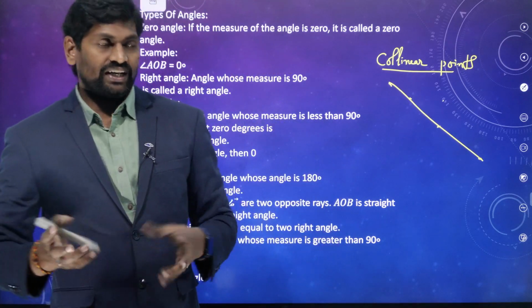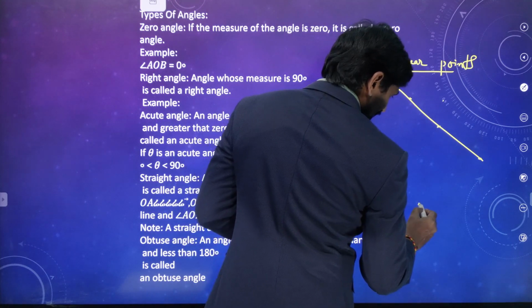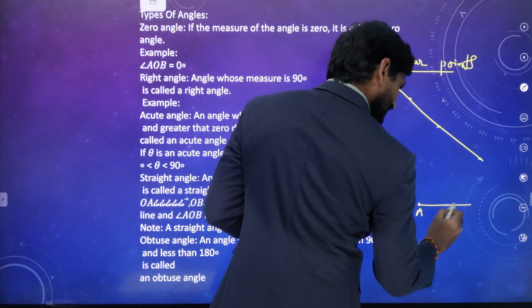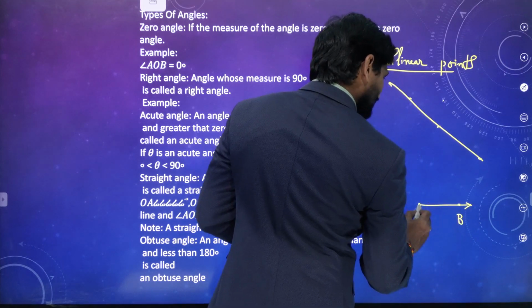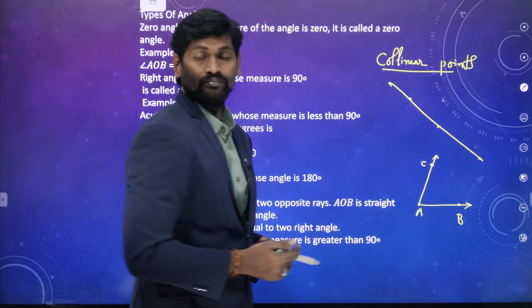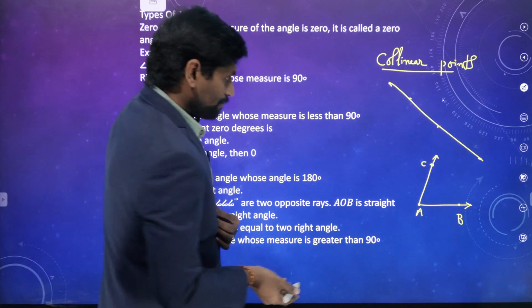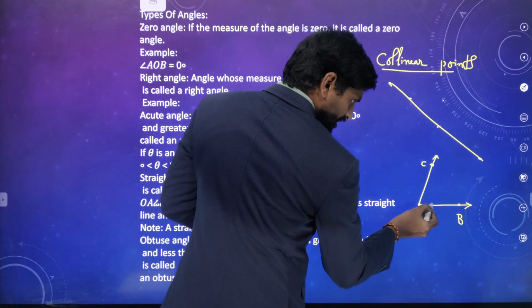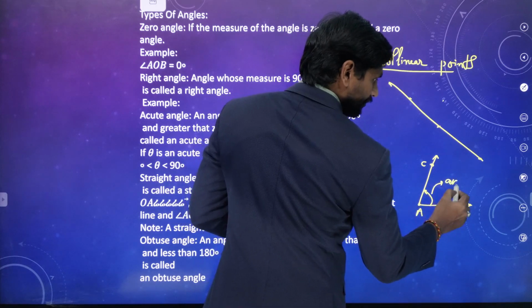Now I am going to take 2 rays: AB is a ray, and AC is one more ray. AB and AC. The space between the 2 rays forms an angle.